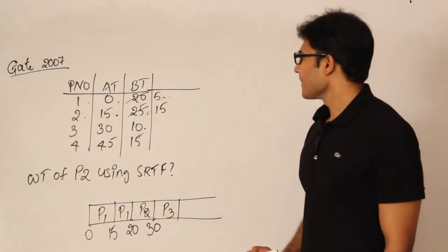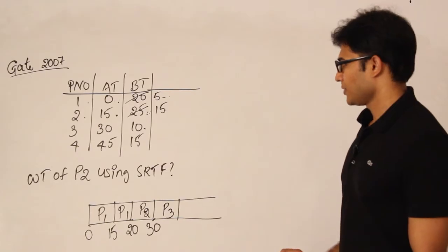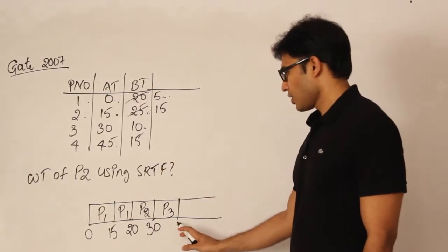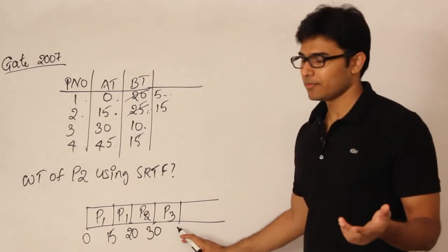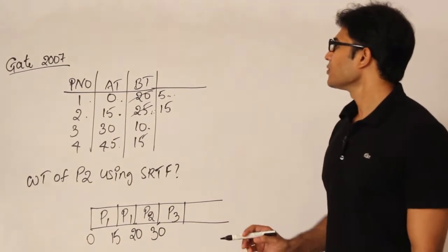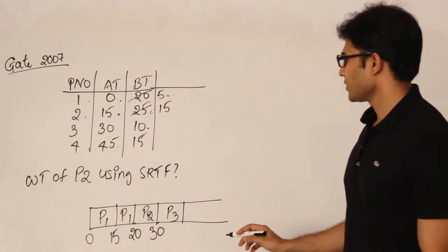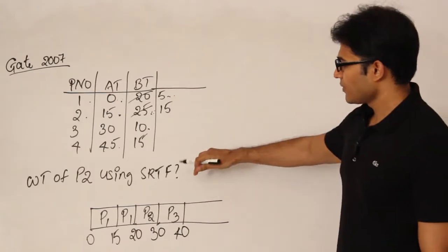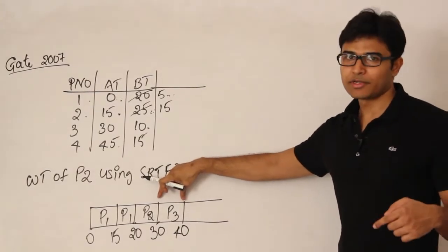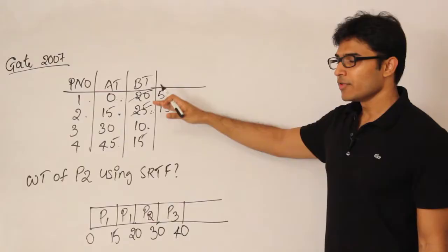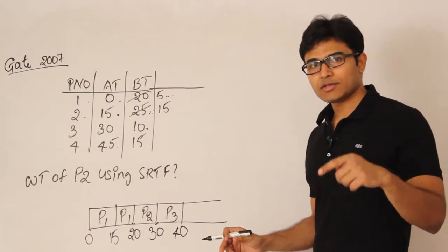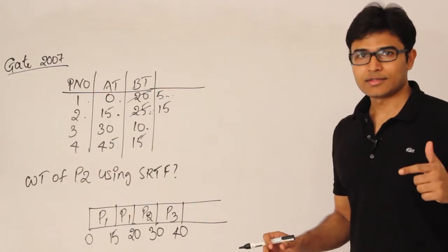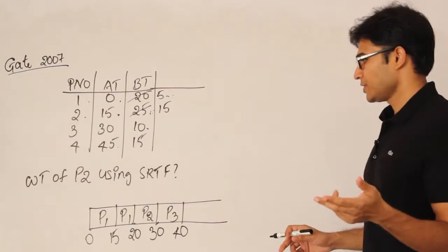P3 requires only 10 units of time. The next one is arriving at 45, therefore if I run till 45 it is going to be 15 units of time, but P3 requires only 10 units of time, therefore I am running till 40. Are you understanding the logic? If the process requires less time, I am just running it to completion, otherwise I am just waiting at the arrival time of the next process, so that I can stop there and decide whether the next process has less burst time or not.